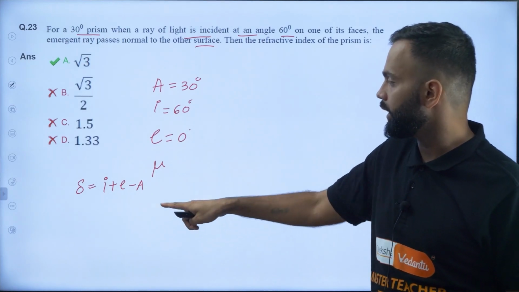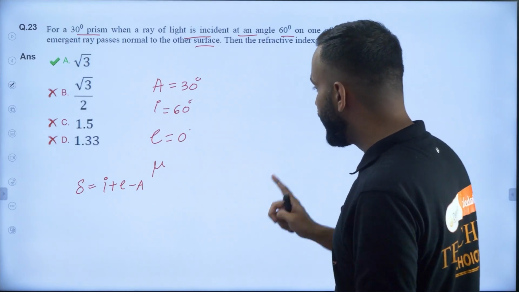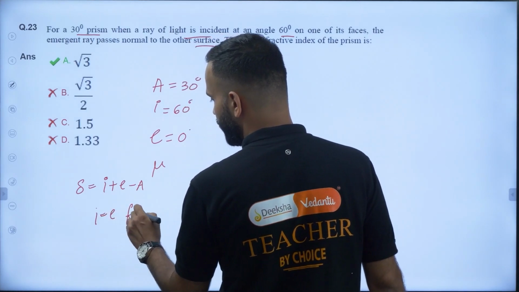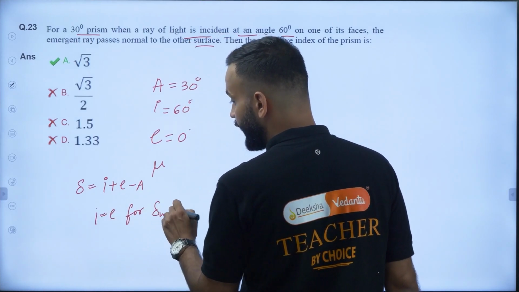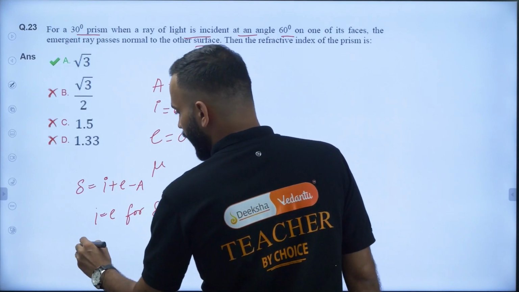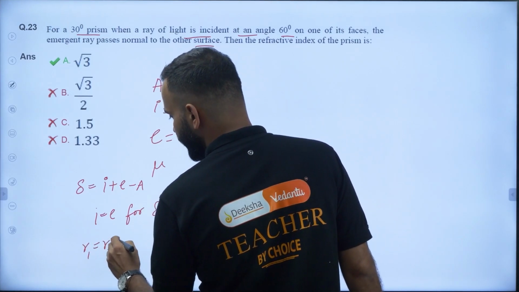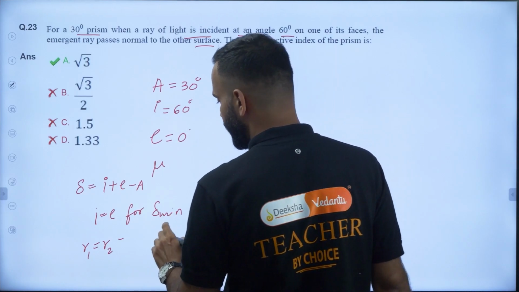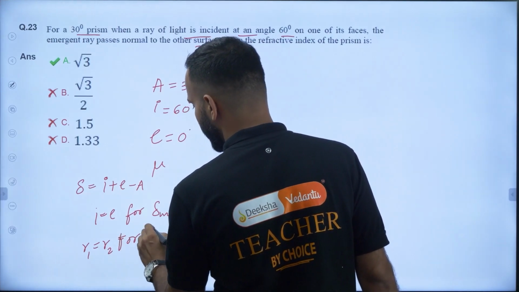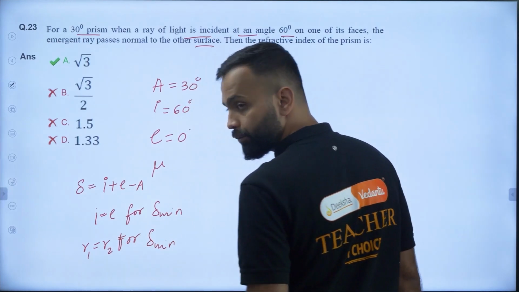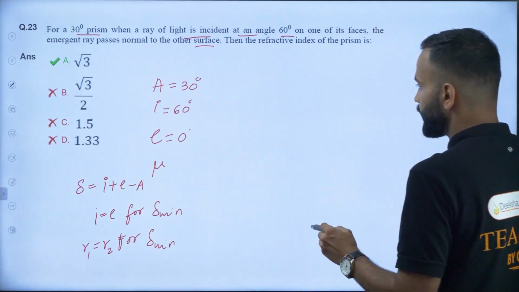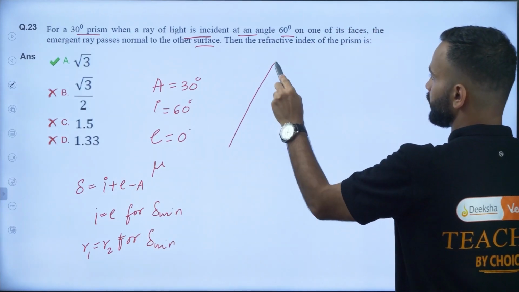The condition is I equal to E, and R1 equal to R2. So therefore here R2 is equal to 0, since the angle of emergence is equal to 0.